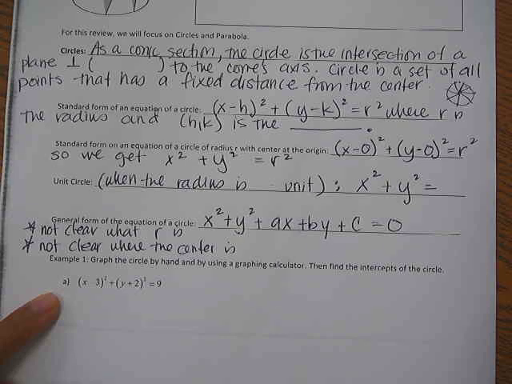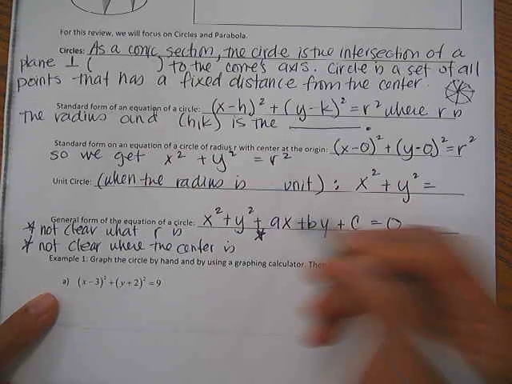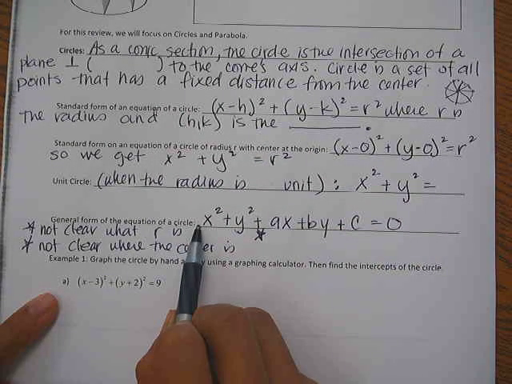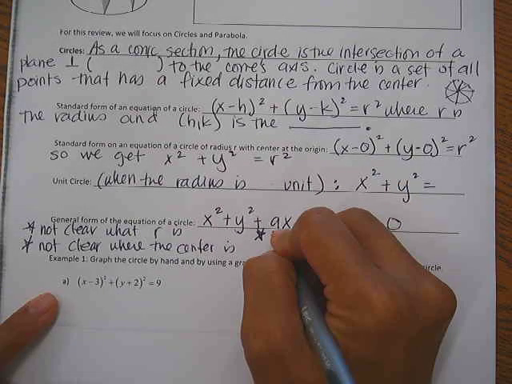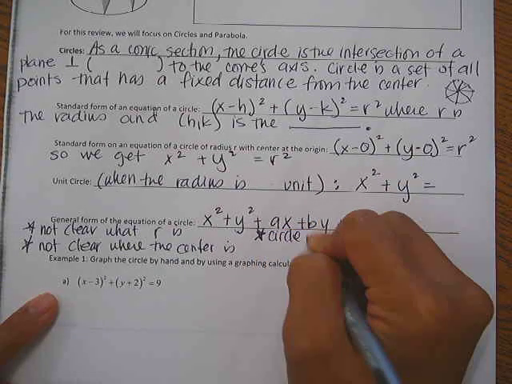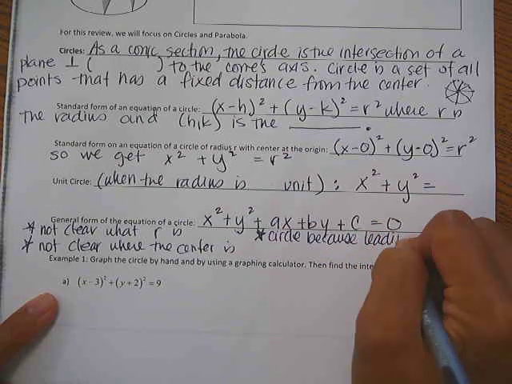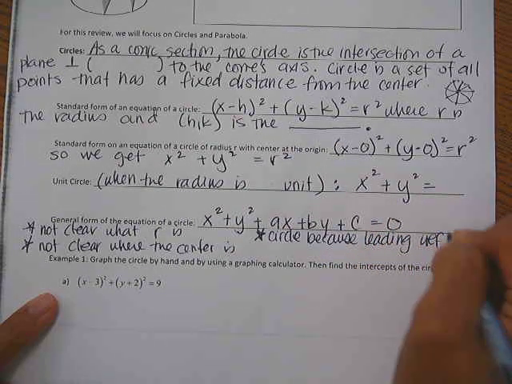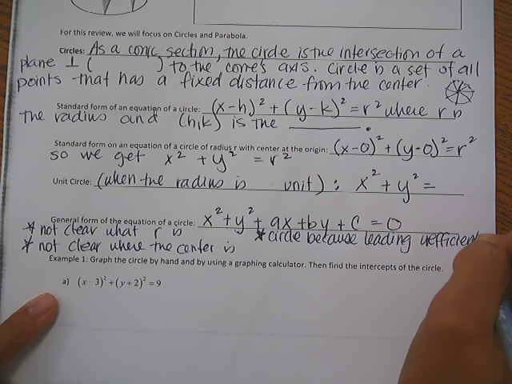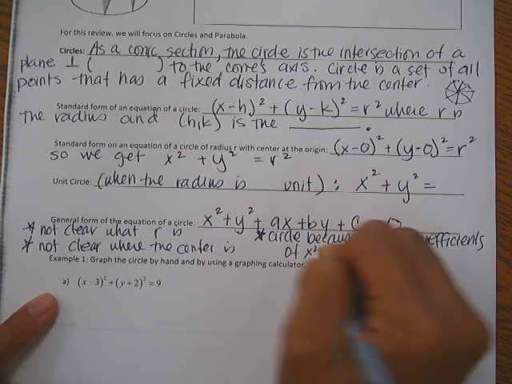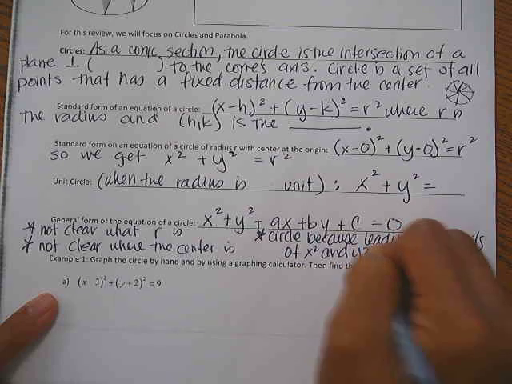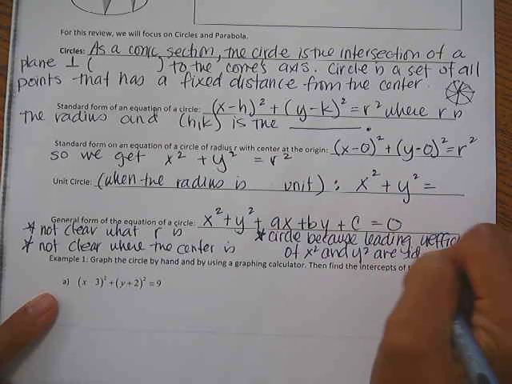But what we do know for sure is that if you look at the leading coefficients of x squared and y squared, a circle has leading coefficients of x squared and y squared that are identical.